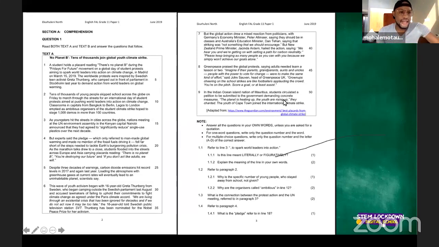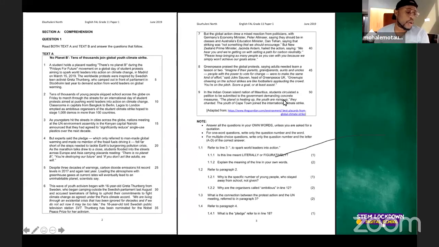Going to paragraph 2, it says, "Tens of thousands of young people skipped school across the globe on Friday to march through the streets on International Day of Student Protests, pushing world leaders into action on climate change." Skimming gives you an idea of what the entire piece is about. So when you skim, which is step 1, you go through each paragraph reading either the first or the second sentence, and you get an idea of what it is about.